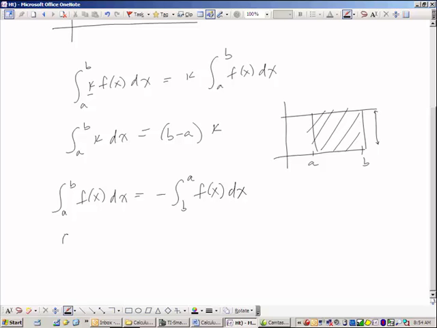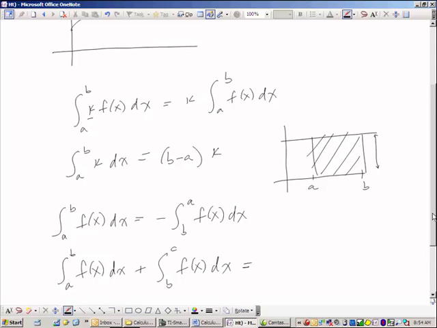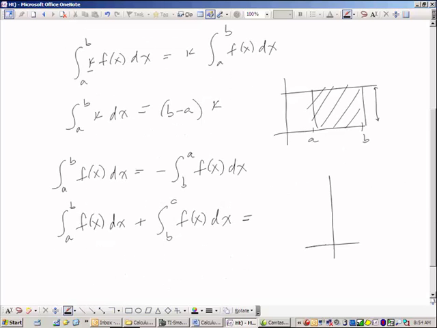All right. If I have the definite integral from a to b, and I add to it the definite integral from b to c, okay? If we think about it in terms of a picture, that's what I think we're going to try to show you.